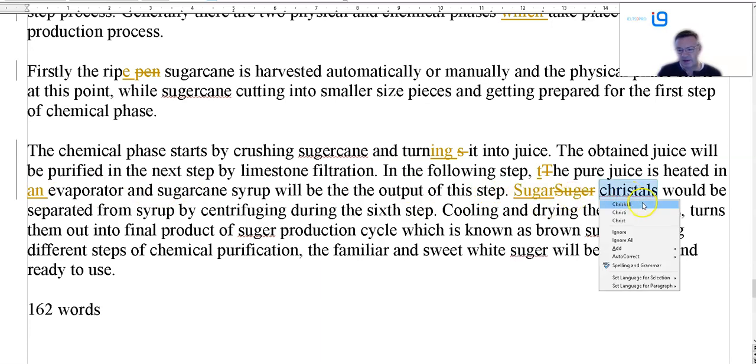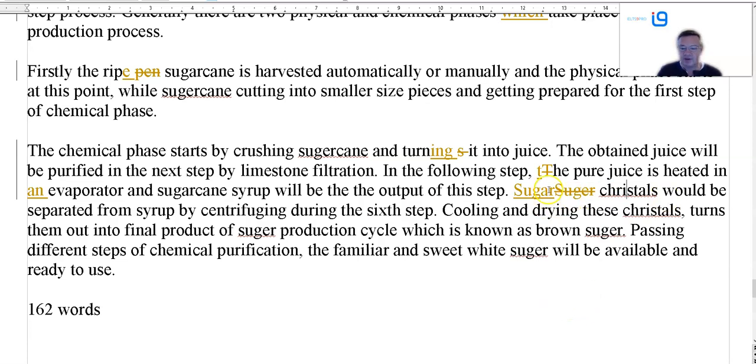Right. Crystals will be separated. Right. So what's this?